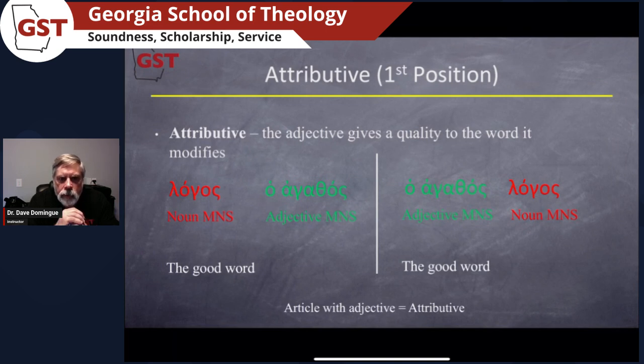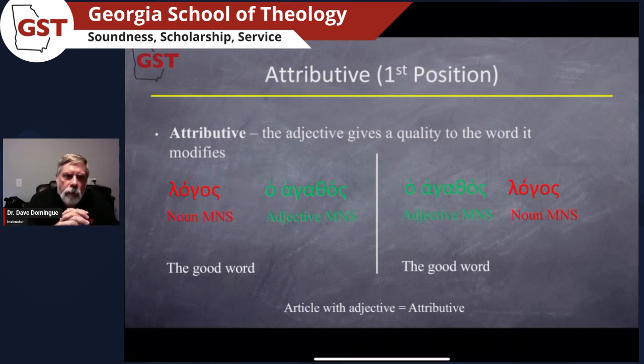It is masculine. The gender is masculine, the number is singular, and it's nominative case.